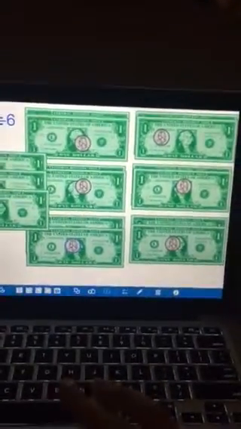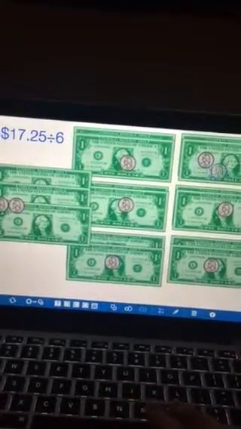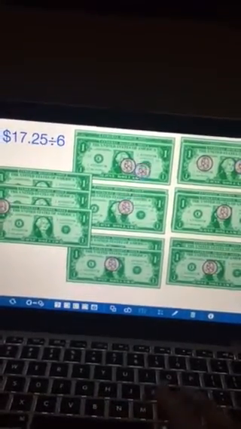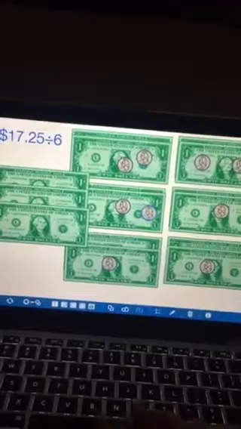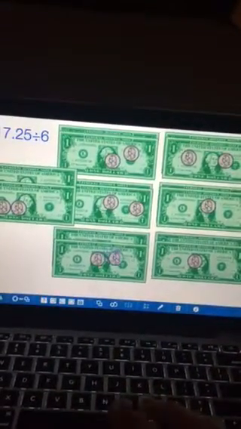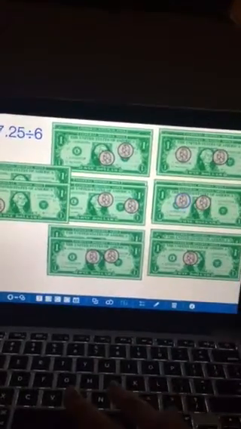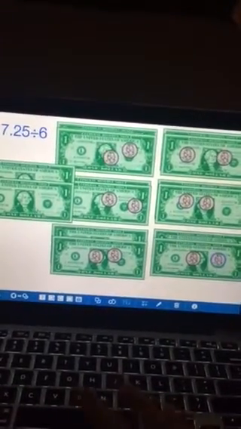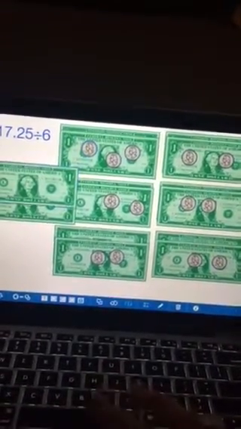So now I have 1/4 into each group. I'm going to put another 1/4 into each group. So now I'm going to have 2 quarters in each group and do it again.